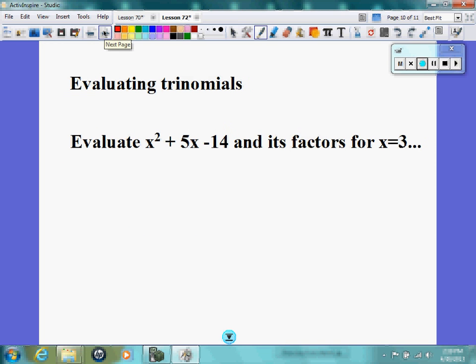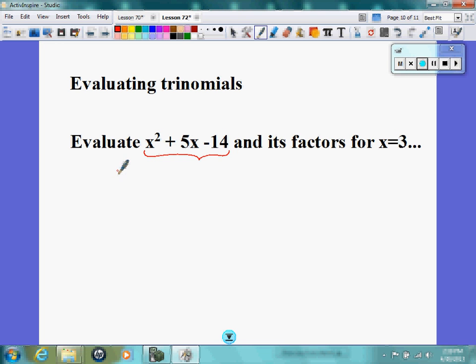Okay, let's evaluate some trinomials. Evaluate x squared plus 5x minus 14 and its factors for x equal 3. Well, there's really two ways to do this. You can just evaluate the trinomial at x equal 3. So we put in 3 for x.